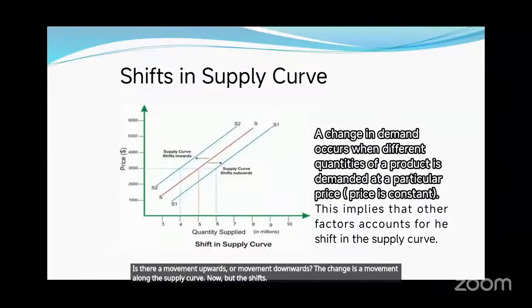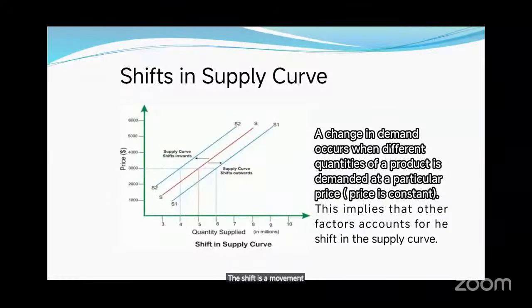But the shift is a movement to the right or to the left. That means the supply curve will shift either outwards or inwards. The cause of the shift is the other factors apart from price that can affect supply.